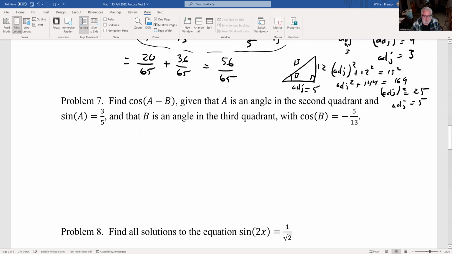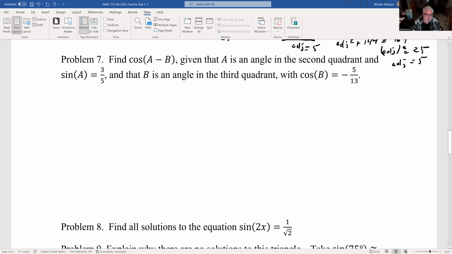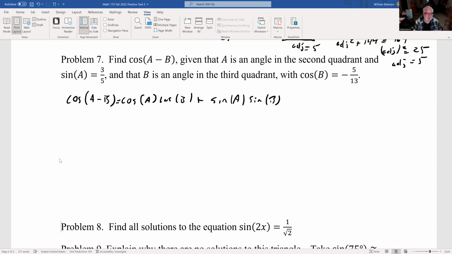So find cosine of A minus B, given that A is an angle in the second quadrant with sine of A equals 3/5, and B is an angle in the third quadrant with cosine B equals minus 5 over 13. So we need the formula for cosine A minus B, and that equals cosine A, cosine B, plus, because it's a minus and you change the sign, sine A, sine B. And let's see, sine A we know is 3/5.